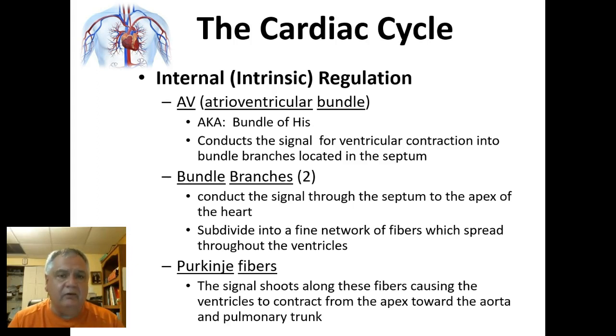This will cause the ventricles to contract, and they will contract from the apex back up toward the aorta and the pulmonary trunk so that the blood gets ejected properly from the heart.